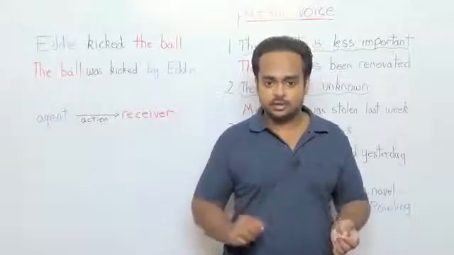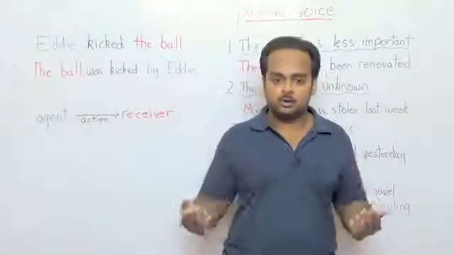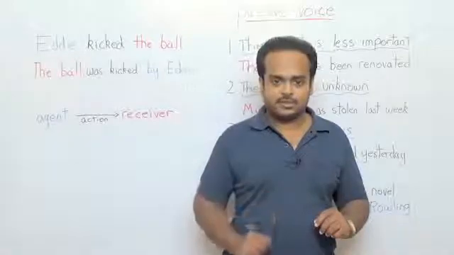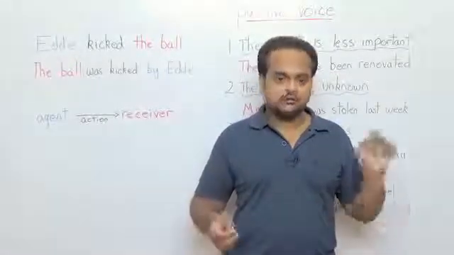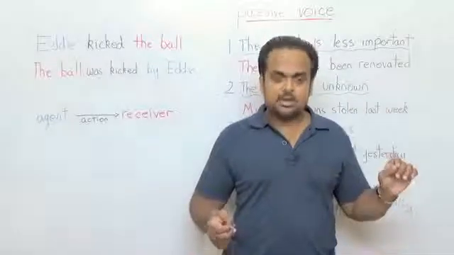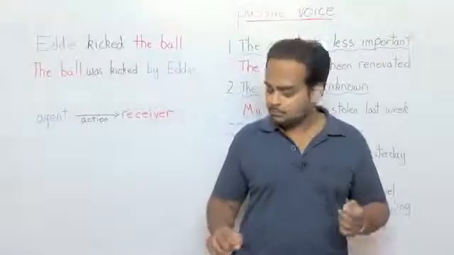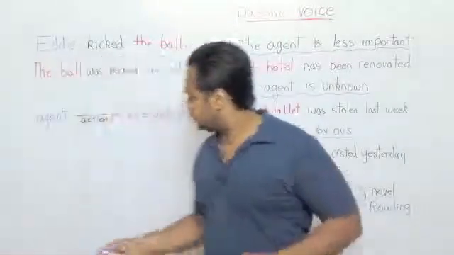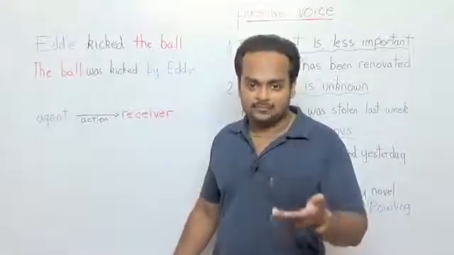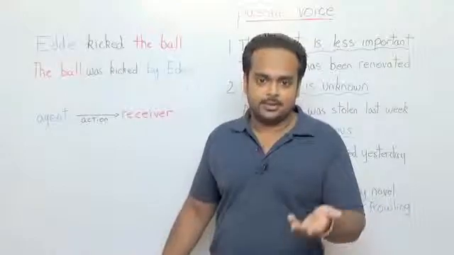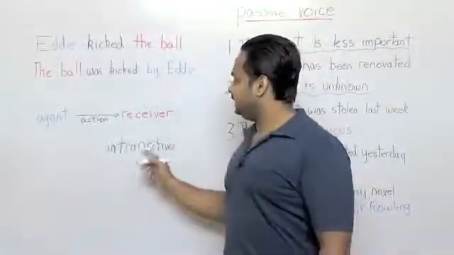Well, not necessarily. When I say, I'm happy, there's no receiver in that sentence. Or if I say, the baby cried, again, there's no receiver. So for sentences like that, there is no passive voice. You can only use the active voice. Now, if a verb does not have a receiver, like cry, laugh, am, like I'm happy, etc., then we call that verb an intransitive verb.